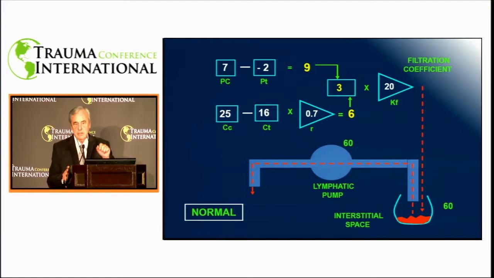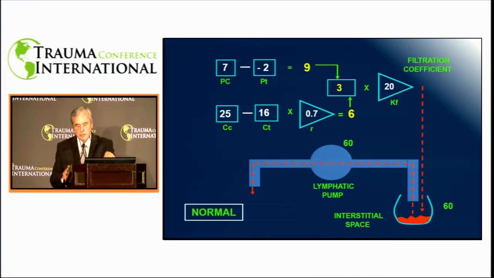This shows stability in a very graphic manner. So you can see that the number 3 under normal conditions is the result of the pressures that are trying to get rid of fluids and those that are trying to stop the leaking of liquid, the oncotic hydrostatic sequence. And 20 is the filtration coefficient, and we're referring here to the lungs.